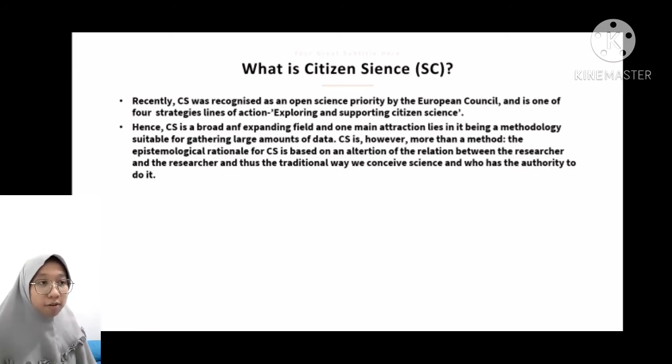CS is, however, more than a method. The epistemological rationale for CS is based on an alteration of the relation between the researchers, and thus the traditional way we conceive science and who has the authority to do it. So that is the definition of CS or citizen science.